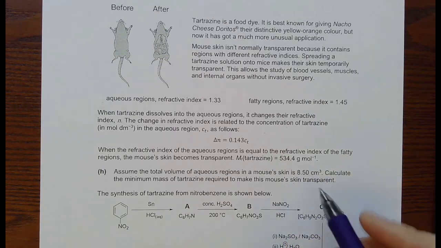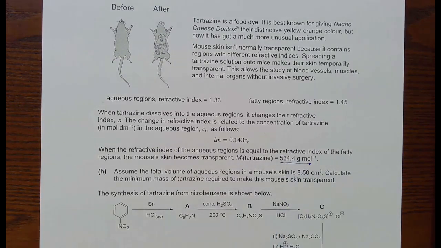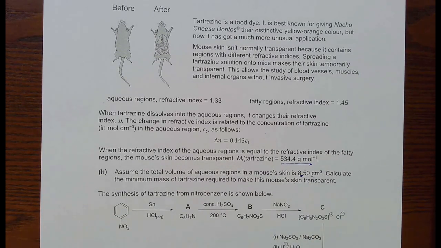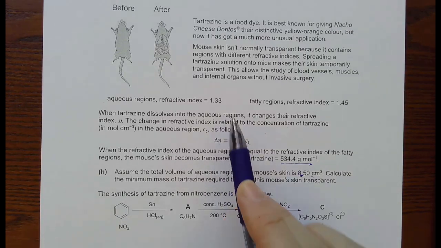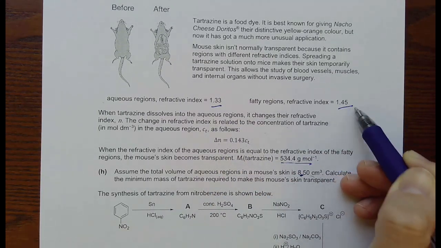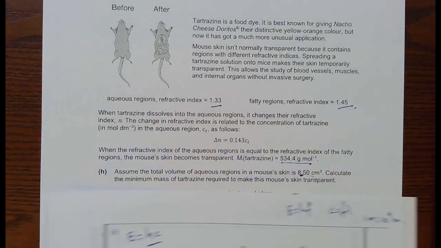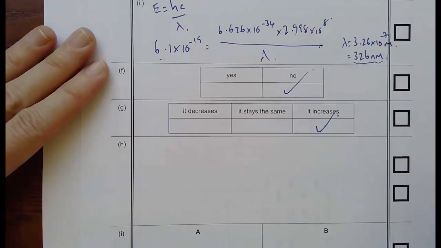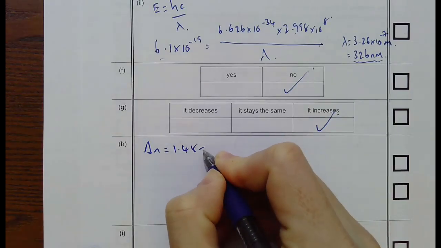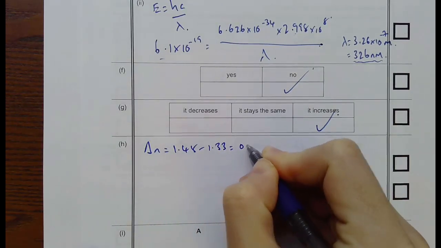So we have a molecular mass and a volume. So we're going to need a concentration. All right, and so the concentration is here, and it's related by this constant to the change in refractive index that we want to achieve. So we've got the refractive index that we have and the one that we want to achieve. So very simply, our delta n is going to be 1.45 minus 1.33 which is 0.12.